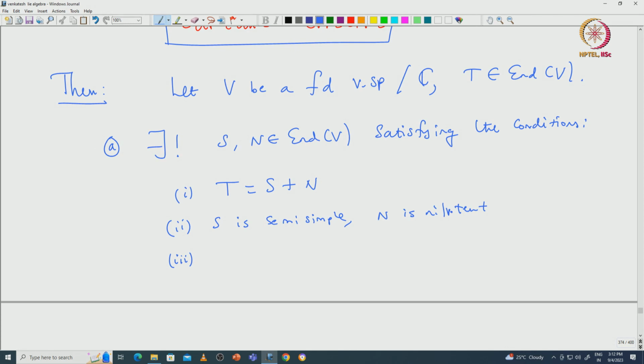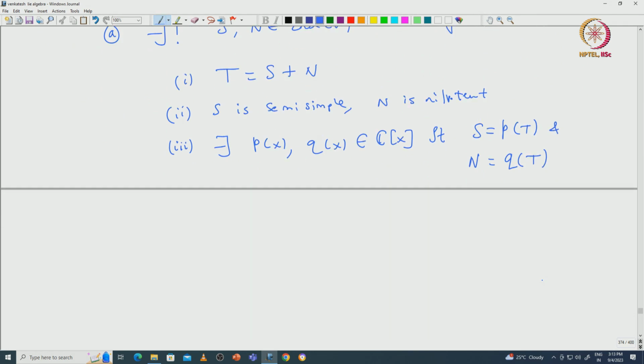So, we actually proved somewhat stronger. We proved that there exist polynomials P of x and Q of x inside C[x] such that capital S and capital N are given by polynomials in T: S is given by P of T and N is given by Q of T. In that proof we indeed showed that P of x and Q of x can be chosen so that the constant terms are 0. In particular we can assume P of 0 and Q of 0 are both 0.